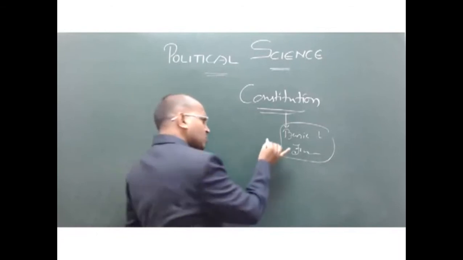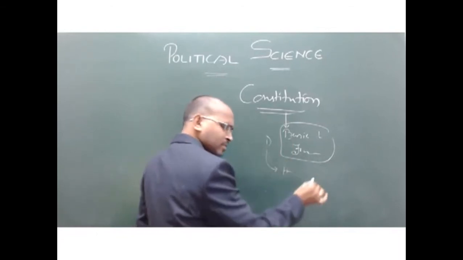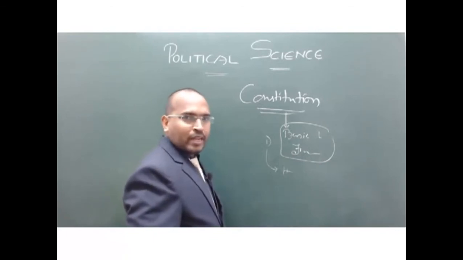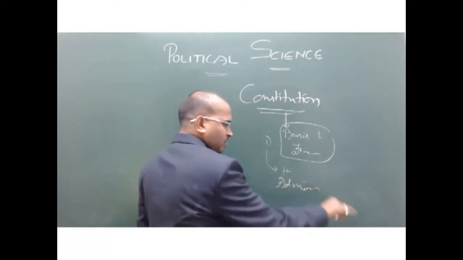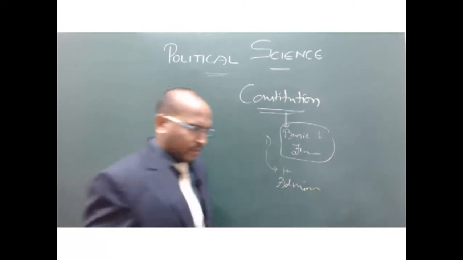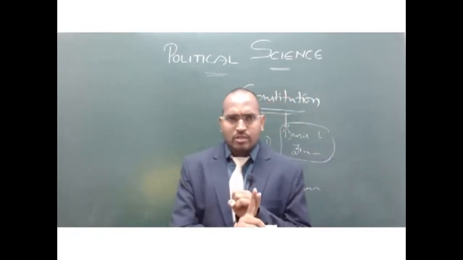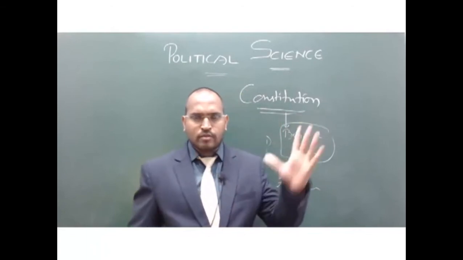Okay, this Constitution tells each and everything: how the government has to work, what are the rules and regulations for the administration of the government. For example, an IAS officer has his own duties and powers. It is clearly explained in the Constitution.